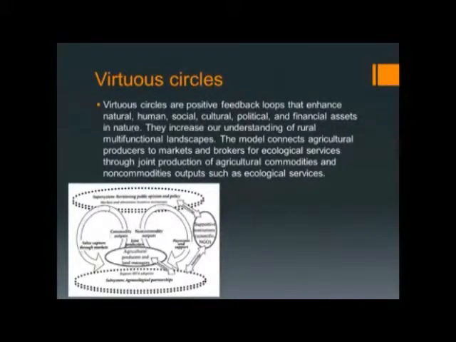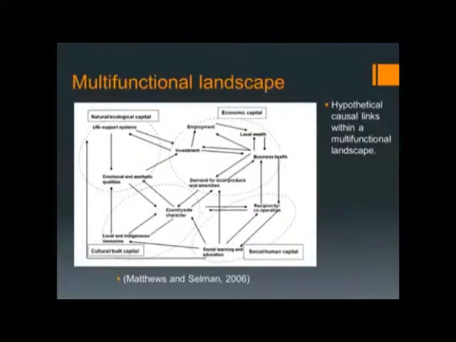On the next slide, we're going to take a look at hypothetical causal links within a multifunctional landscape. And if you study this diagram, it explains why multifunctional landscapes basically function to embed communities. You have the ecological component, the economic component, and the social component, and all of these are linked in many different ways.